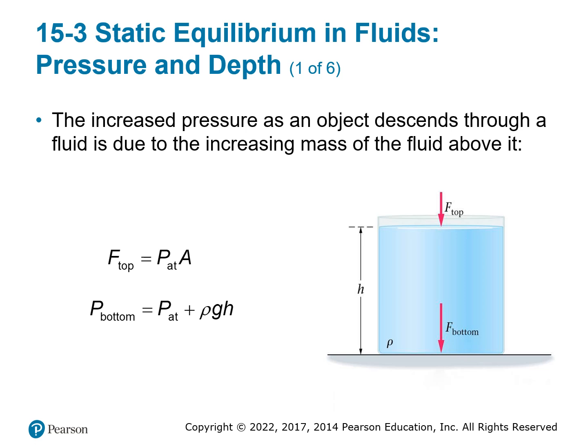So you can say that the force at the top of the fluid, which right now is just being exposed to the air, is the atmospheric pressure times the area. Versus at the bottom, the pressure is going to be the atmospheric pressure plus density times gravity times the height.